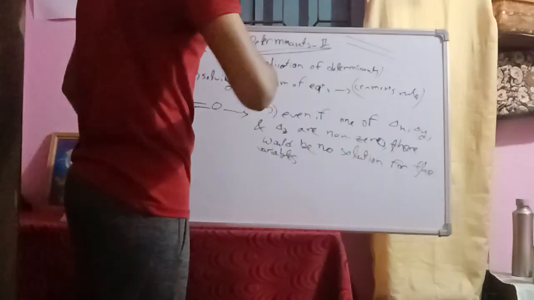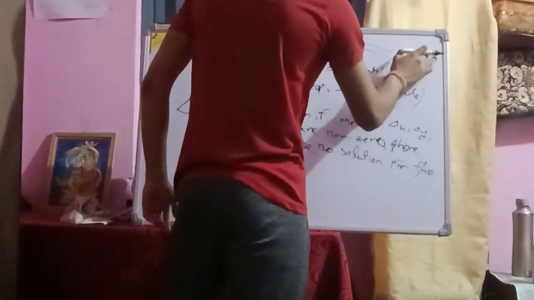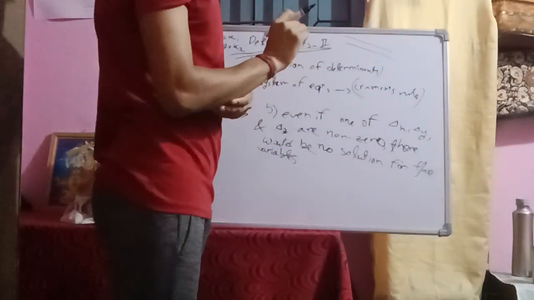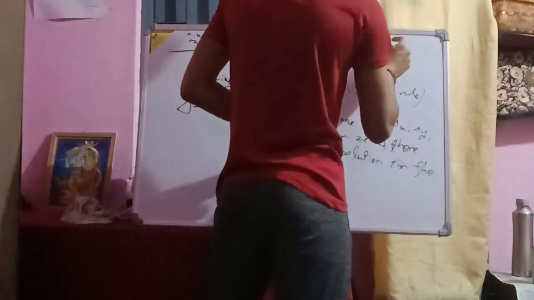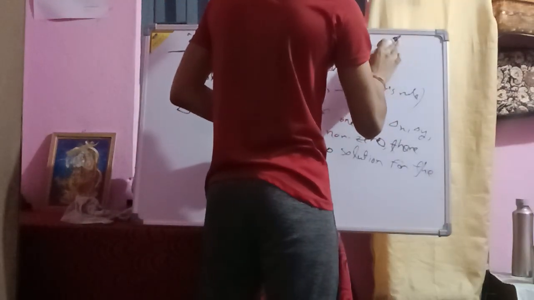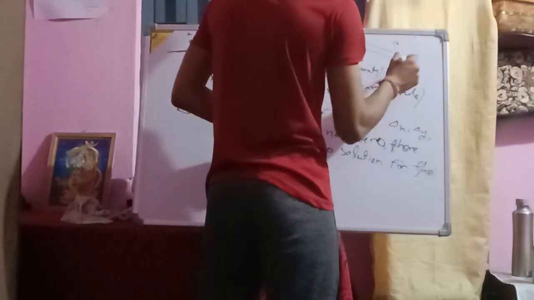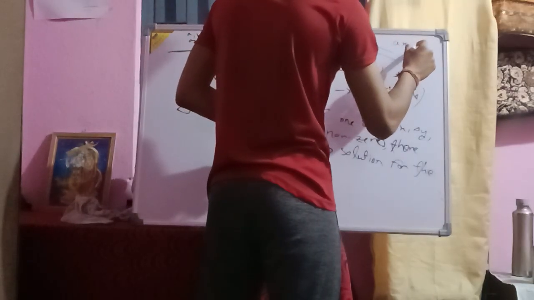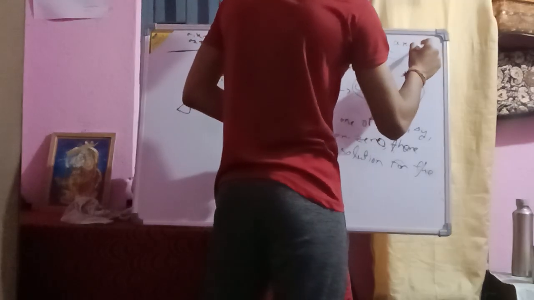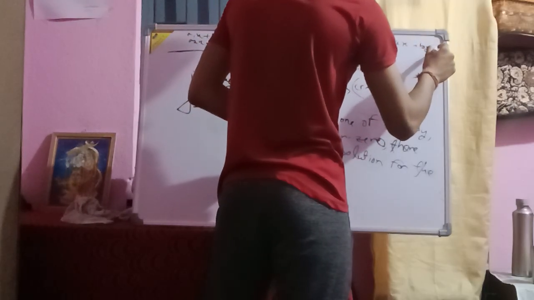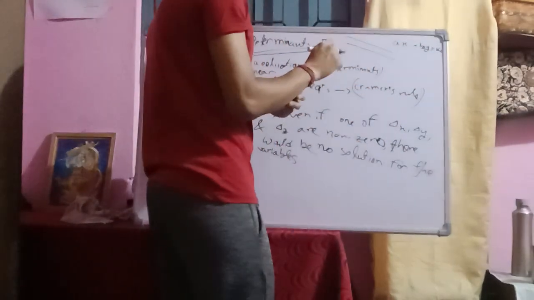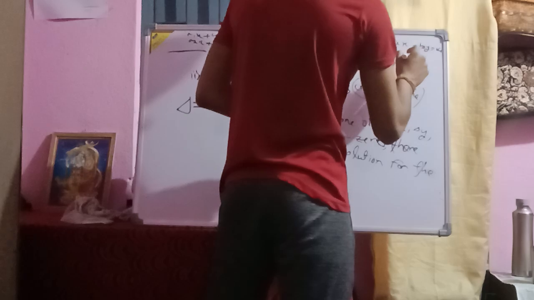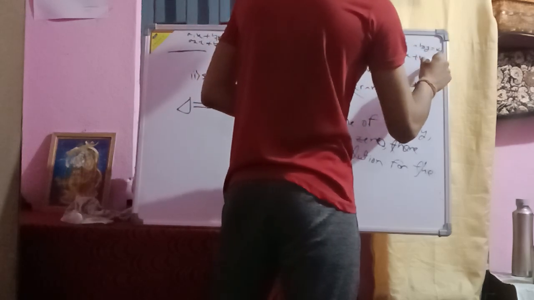For this case, the only way two straight lines are parallel to each other is when their equations are the same. Let's say both have ax plus by equals k1, and the only difference would be this constant term. The second one would be ax plus by equals k2.